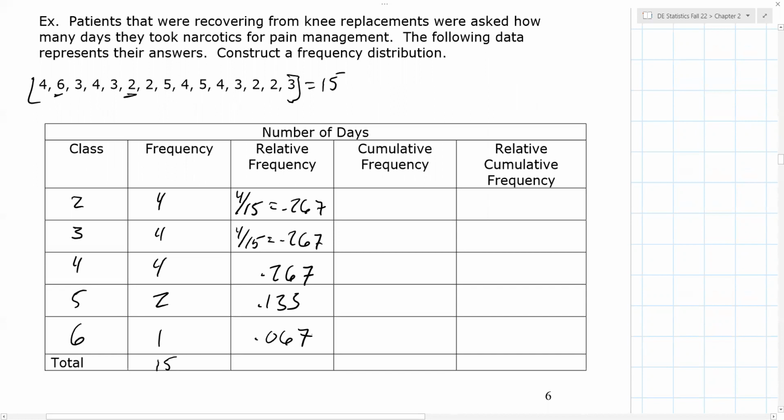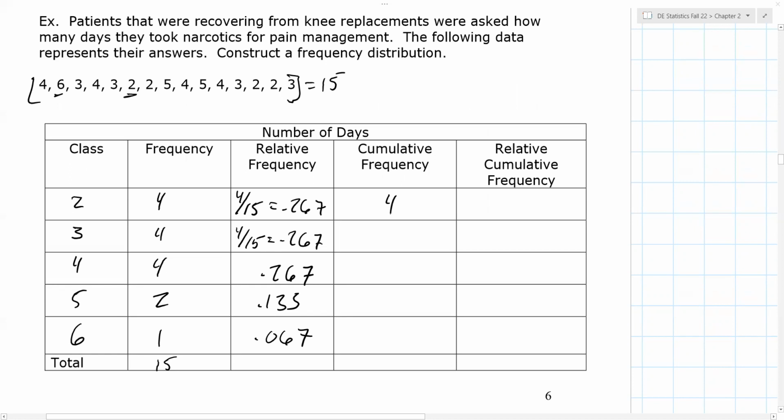Next, we're going to look at the cumulative frequency and cumulative relative frequency. Cumulative frequency is essentially a less than or equal to operation. So how many patients took it for 2 or fewer days? Well, 4 people took it for 2 and no one took it for less than 2 days. Next cumulative frequency is how many people took it for 3 or fewer days?